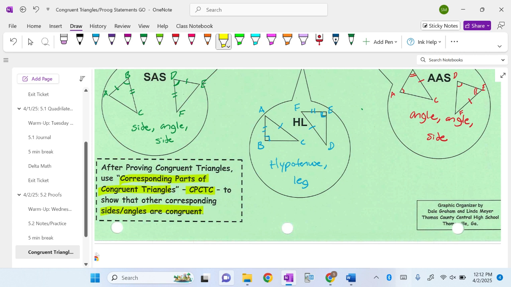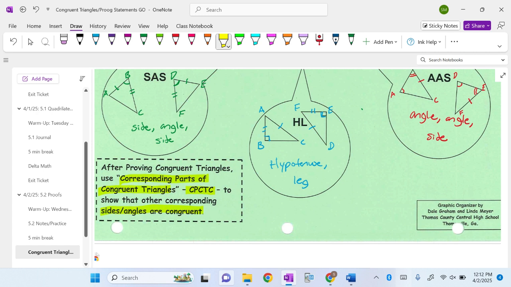In other words, if we can show that we have a side angle side somewhere, that means that the two other angles that are not mentioned are automatically congruent because of corresponding parts of congruent triangles. Meaning that the matching angles of the two triangles are congruent. Same thing with the sides. The matching sides would be congruent. That's what corresponding parts means.